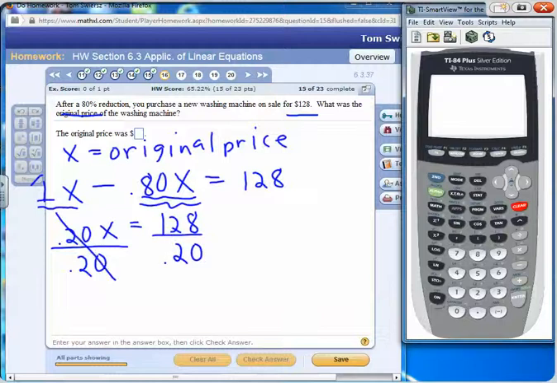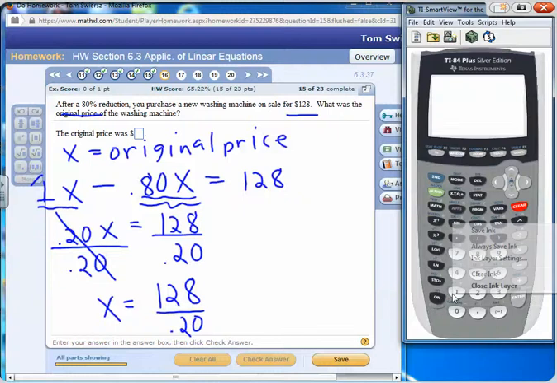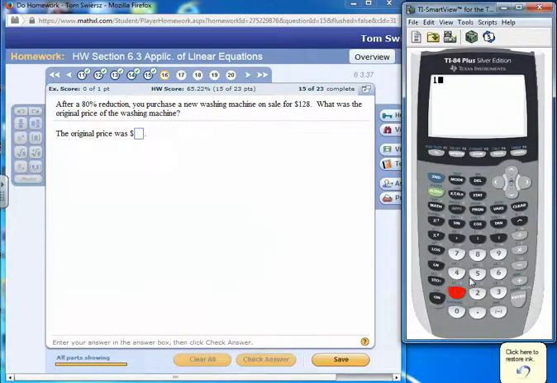So that reduces to 1, and 1 times X is X. So X is 128 divided by 0.20. We'll go ahead and do that, and that will give us the original price. On our calculator, 128 divided by 0.2, and the original price is $640.